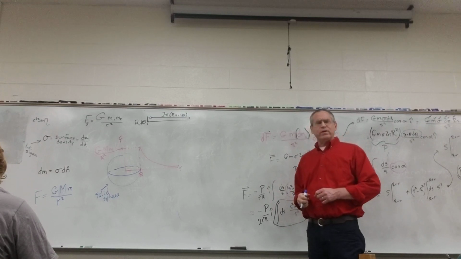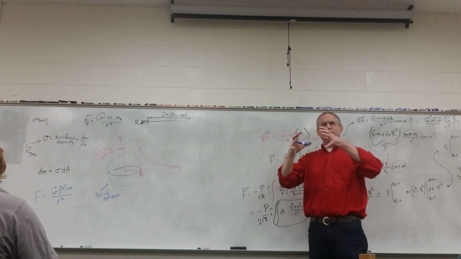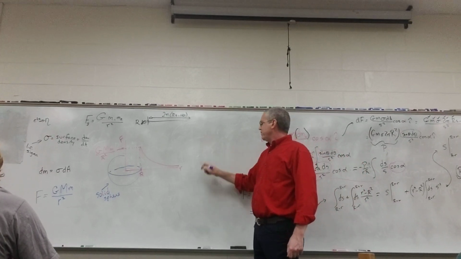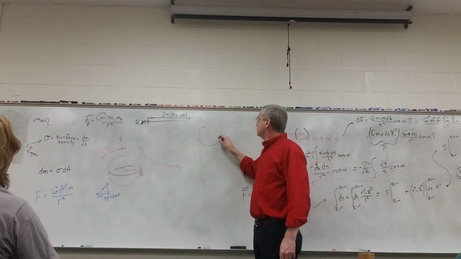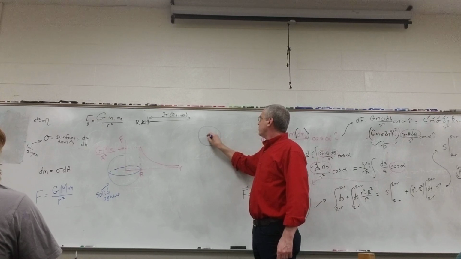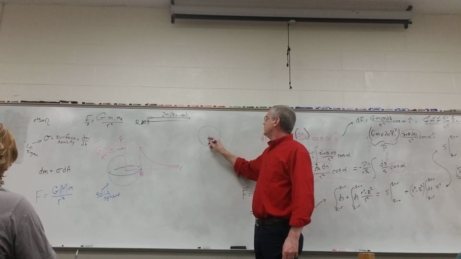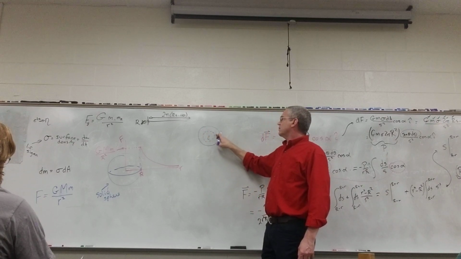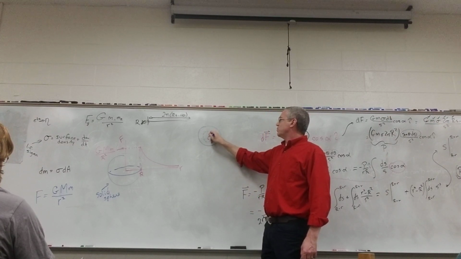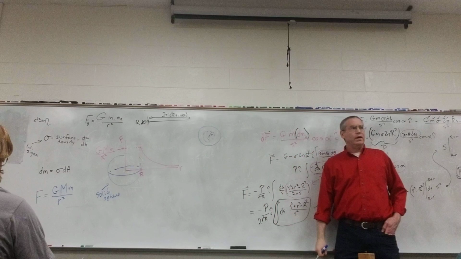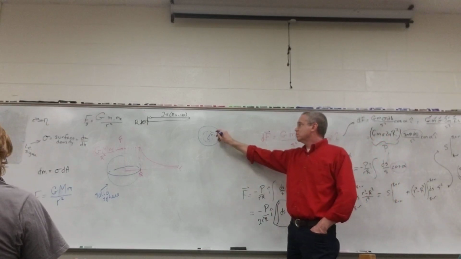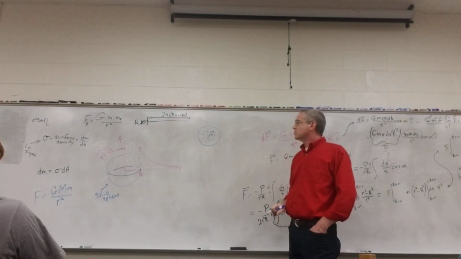Once I'm inside the sphere, I can start neglecting some of the mass, any of the mass that's outside of that point. So if I have my solid sphere here, with a center there, and I have a point here, any of the mass that's outside of this small little radius here is not contributing to the gravitational pull on my little m here.